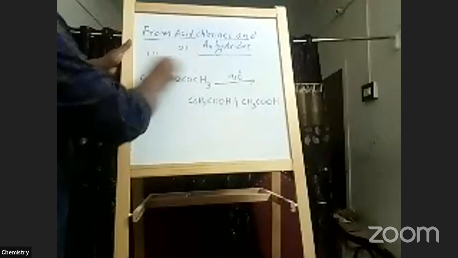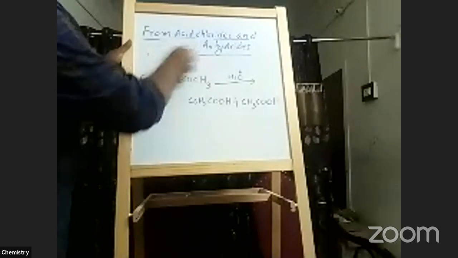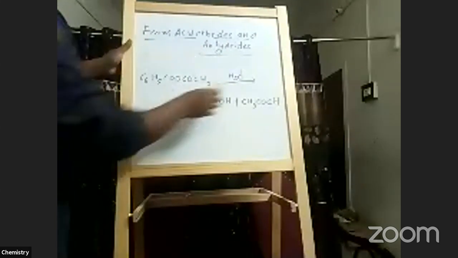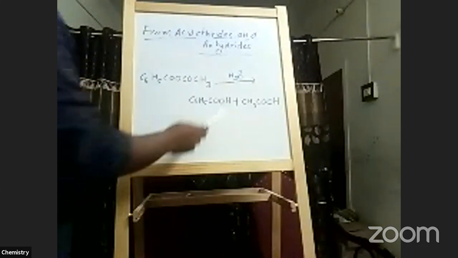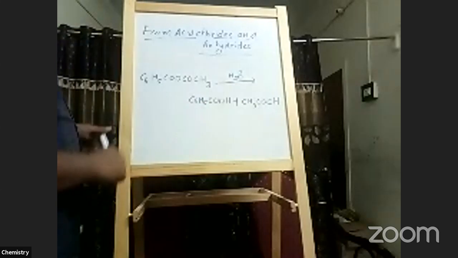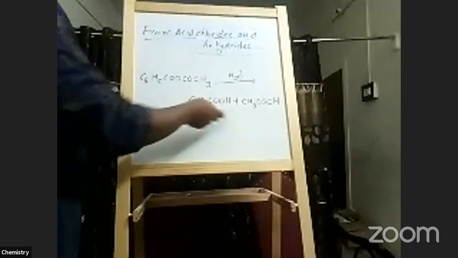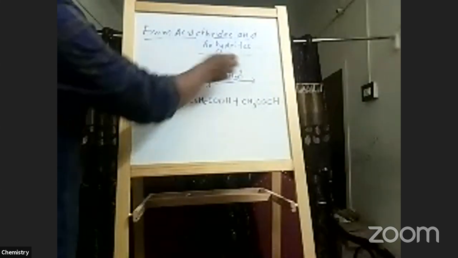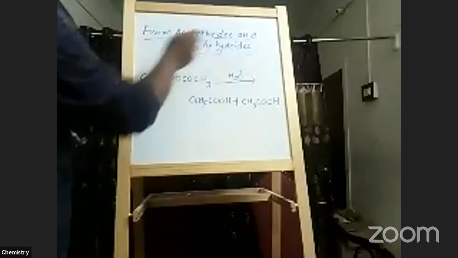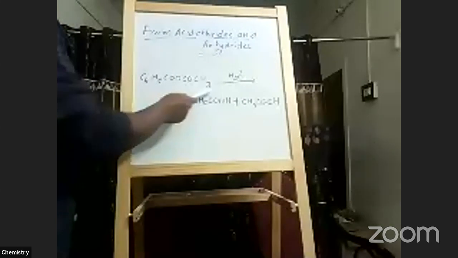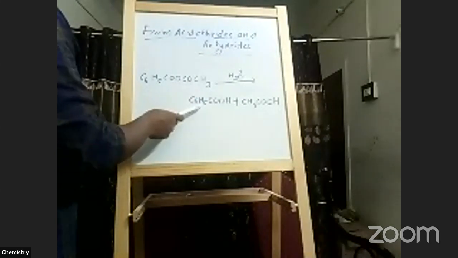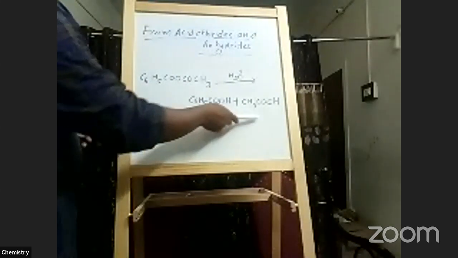So anhydrides react with water directly and produce benzoic acid and acetic acid. Both are forming from anhydrides. Already given the acid chloride reactions with water and base, and next C6H5COOCOCH3 gives benzoic acid and acetic acid.